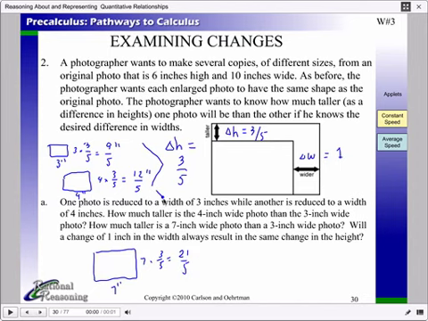All right, what's the change in height for these two? How many fifths? 9/5? Are you tracking with me? So from the 4-inch wide photo to the 7-inch wide, the change in height was the change from 12/5 to 21/5, which is 9/5. What was the change in width for that one?